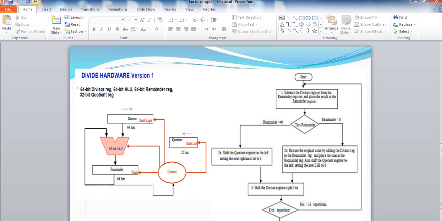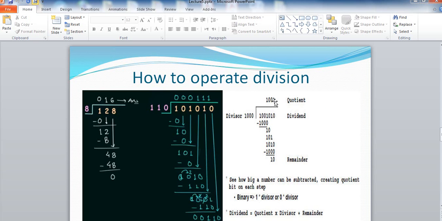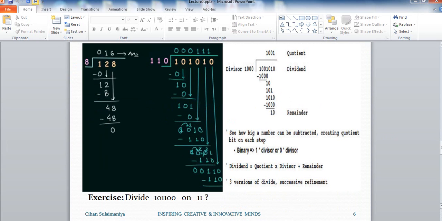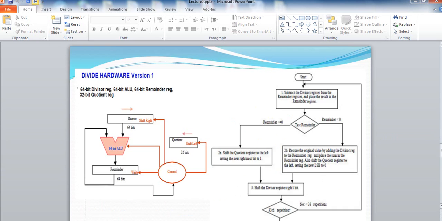See here, the quotient is going to shift toward the right. So 100 shifted to the right, and you put 1. And then you subtract the divisor from the remainder. So that's hardware version 1.